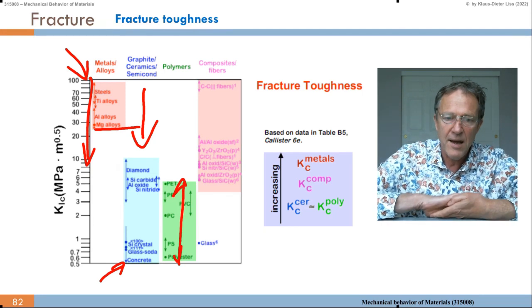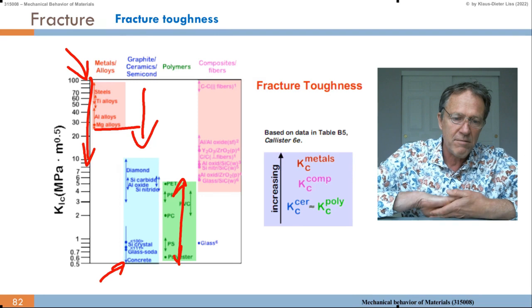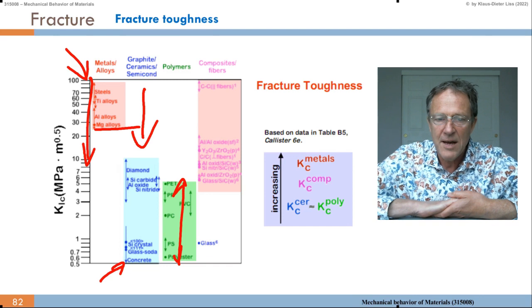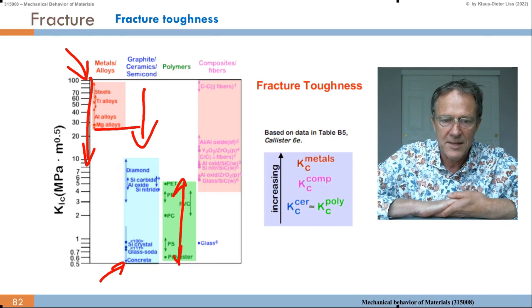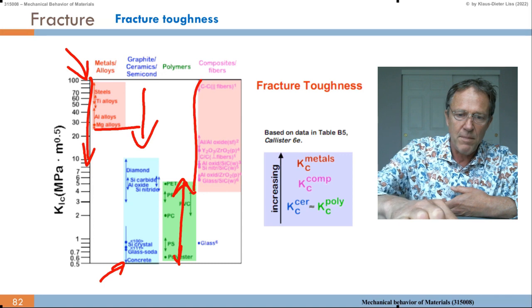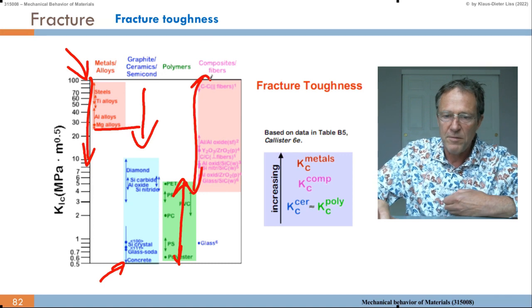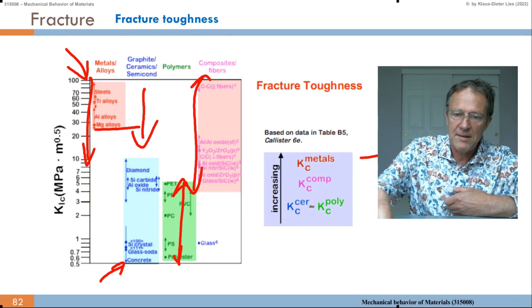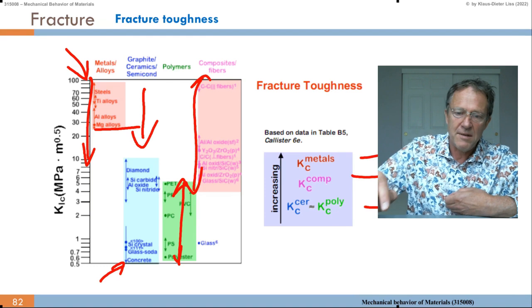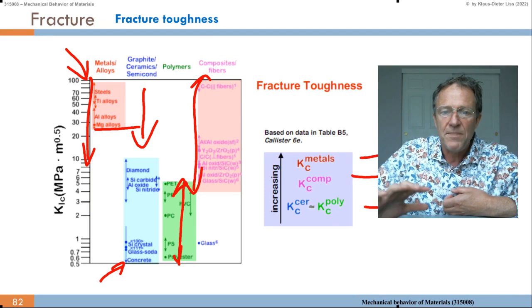And you can have fracture toughness as high as in steel, like here for the carbon and the carbon fibers, and others are shown here. So it's a relatively broad range, over 1.5 orders of magnitude. So based on the table, the metals, they have the highest fracture toughness, then we have the composite materials, and then we have the ceramics and the polymers at a similar level.